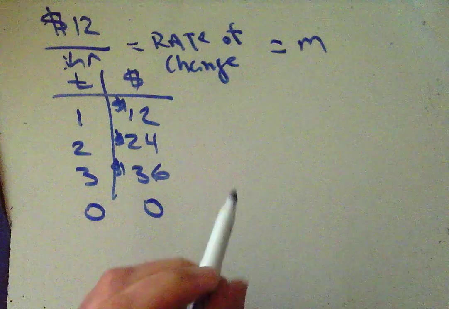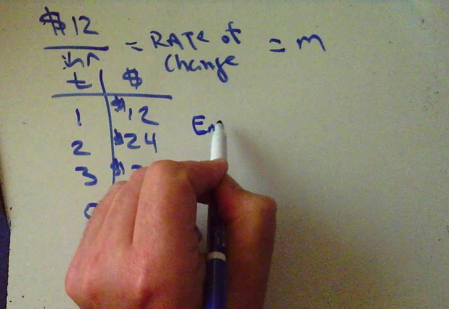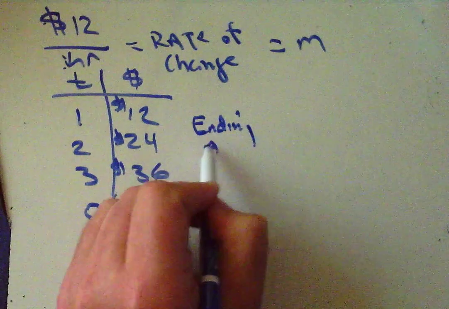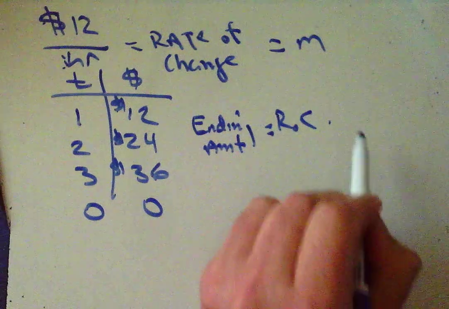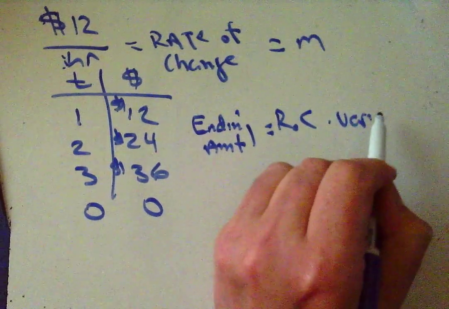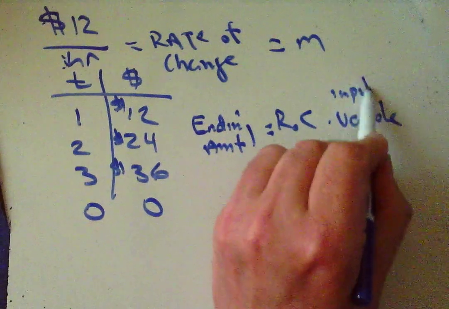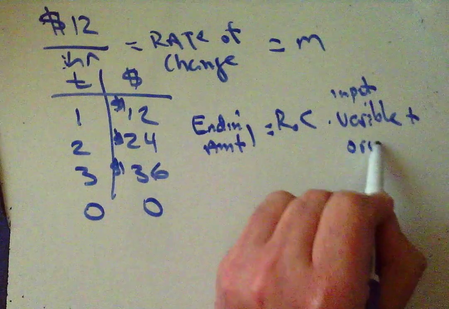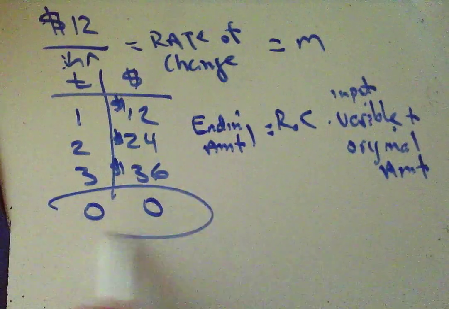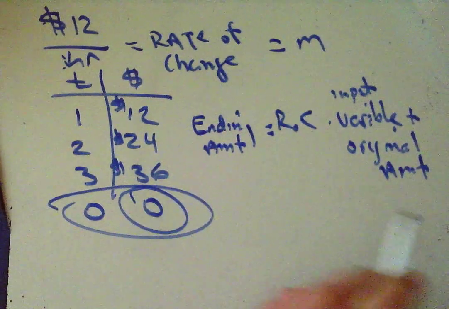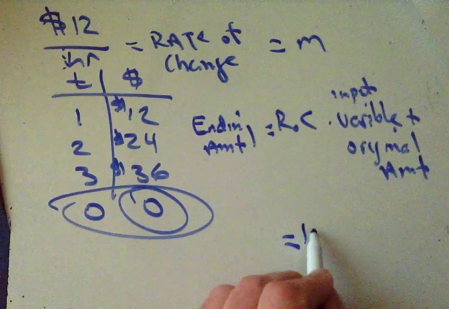So let's follow this recipe now. The ending amount equals the rate of change times the variable, which is the input variable, plus the original amount. Well, our original amount is $0, and our rate of change is 12.